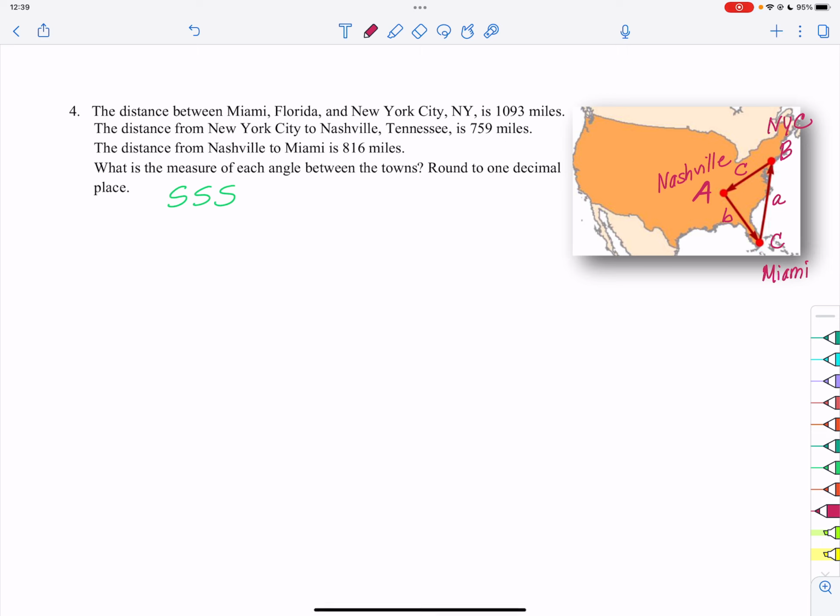So we know that the distance between Florida and New York City is 1093, so we know that A is 1093 miles. They said that from New York City to Nashville is 759, so let's put 759 there. And then Nashville to Miami would be B, and that's equal to 816 miles.